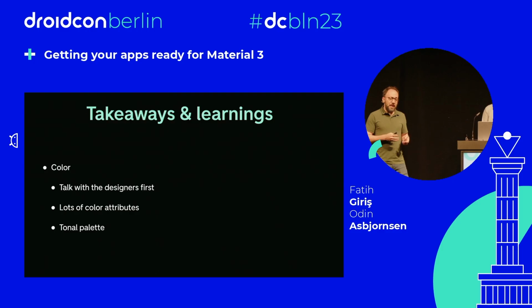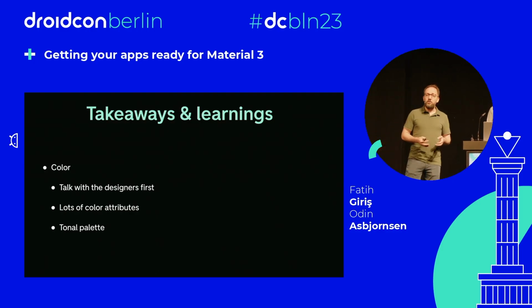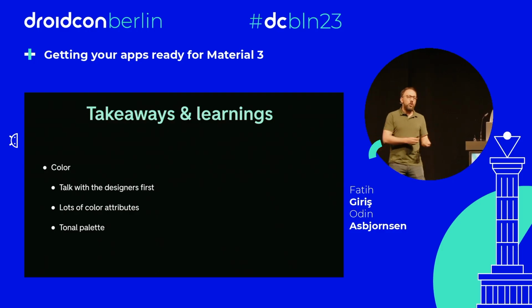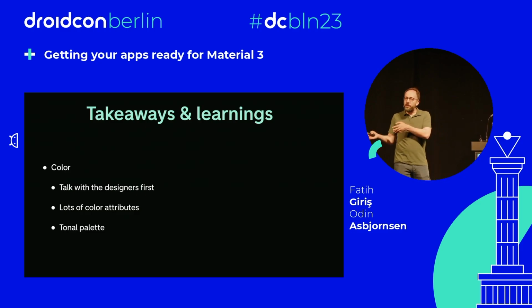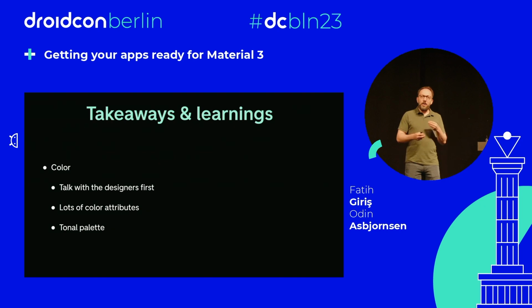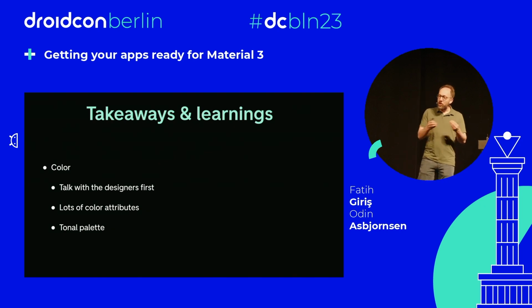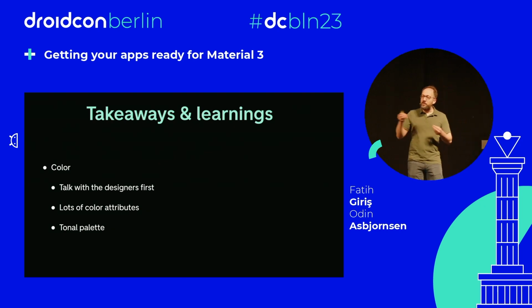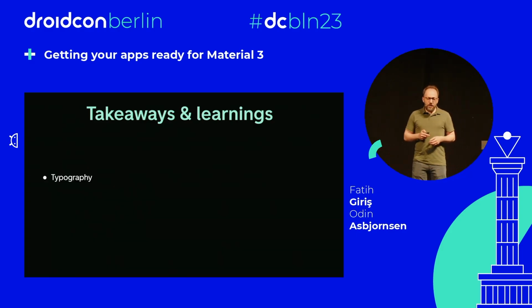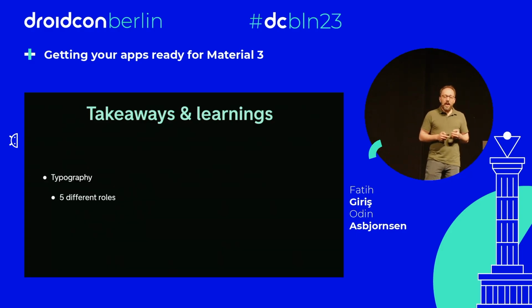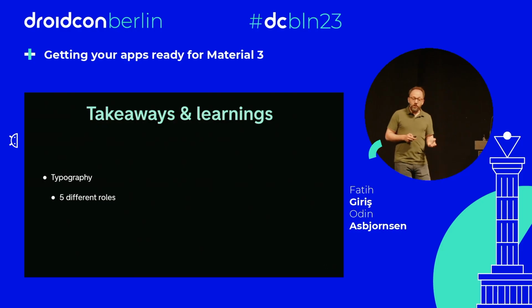And for the tonal palette, we have been experimenting with whether we should use it or not, because we have this custom design system, which doesn't really use the tonal palette, but when it comes to Material 3, you have the tonal palette. So we have been experimenting with this tonal palette in our design system and how we can integrate it with the Material 3 design system.